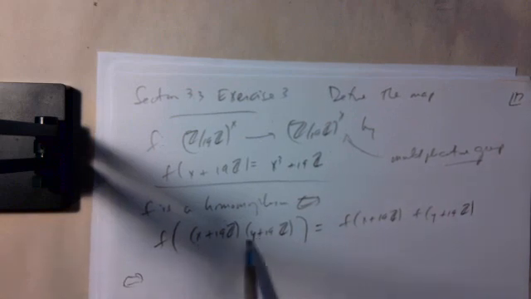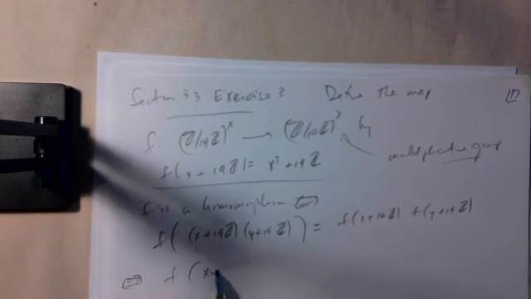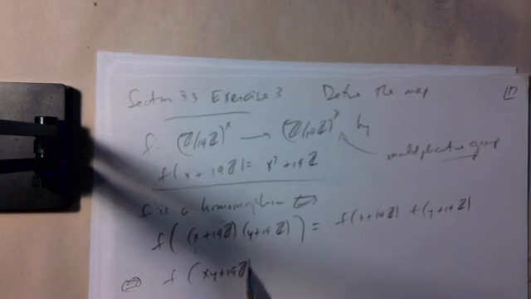But the product of these two congruence classes is xy plus 19z.